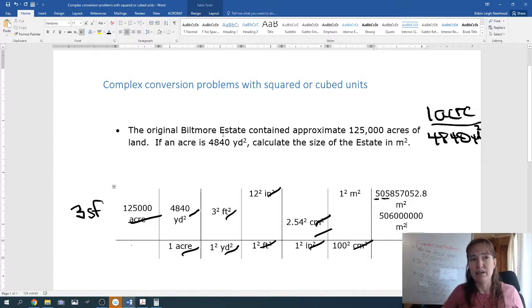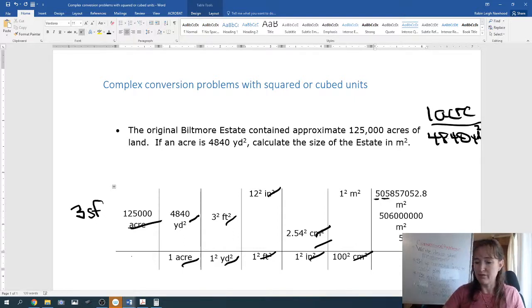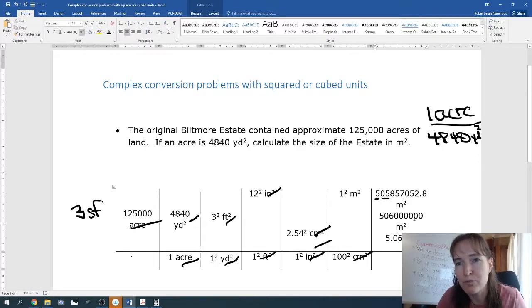You can also write it in scientific notation. So you could write it as 5.06 times 10, and then you have to count how many places you moved it. So move it 1 place, 2, 3, 4, 5, 6, 7, 8. So 8 positions.